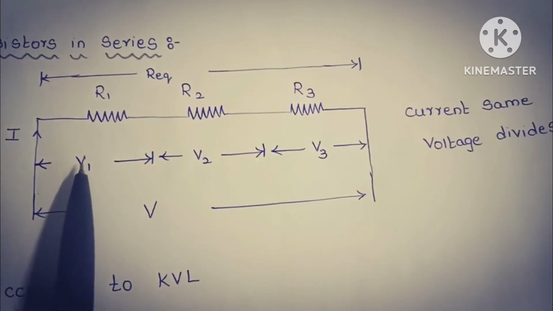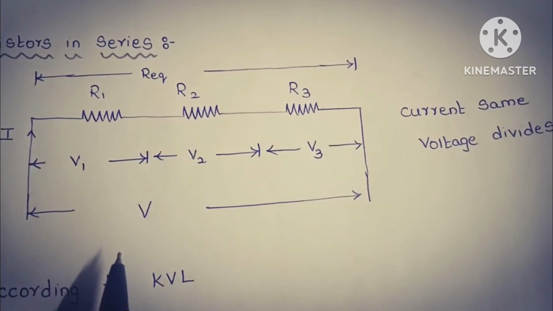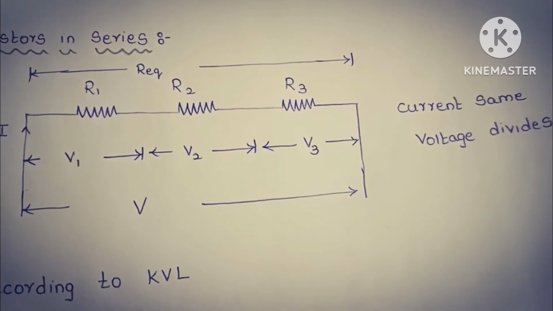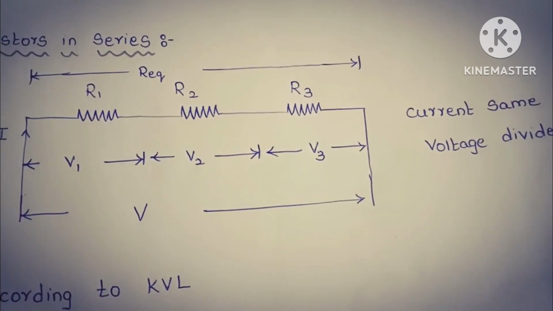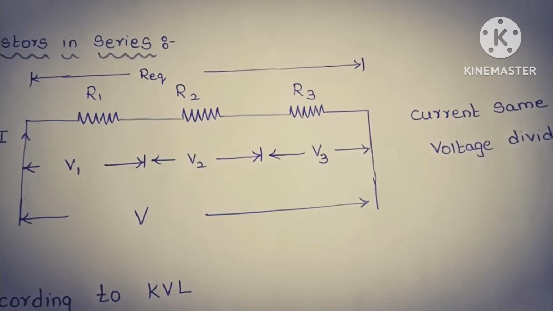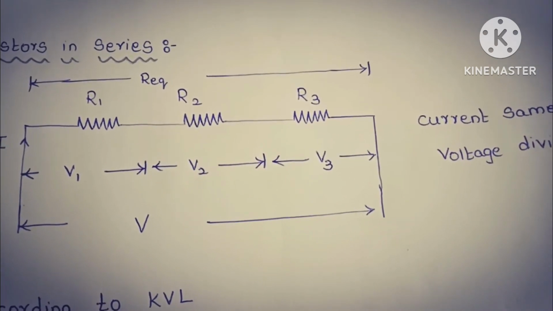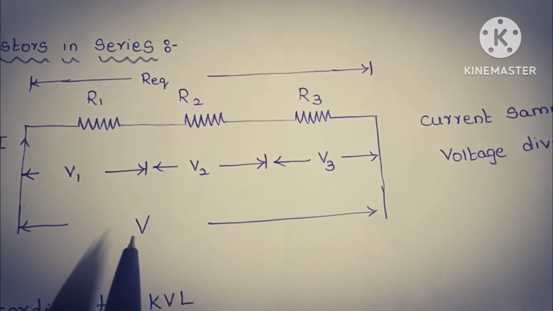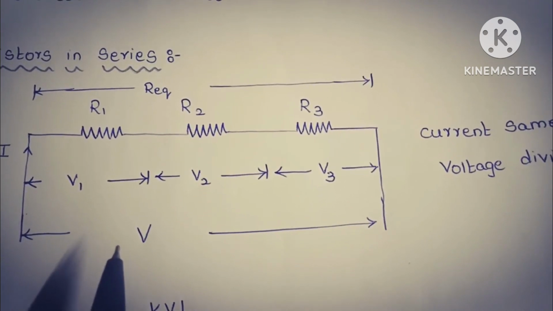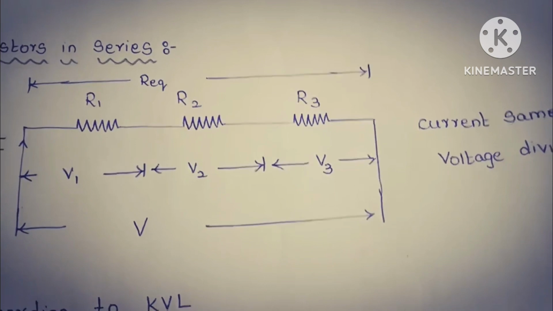So for applying KVL, which is nothing but Kirchhoff's voltage law. According to Kirchhoff's voltage law, the algebraic sum of voltages in a closed circuit is equal to 0.